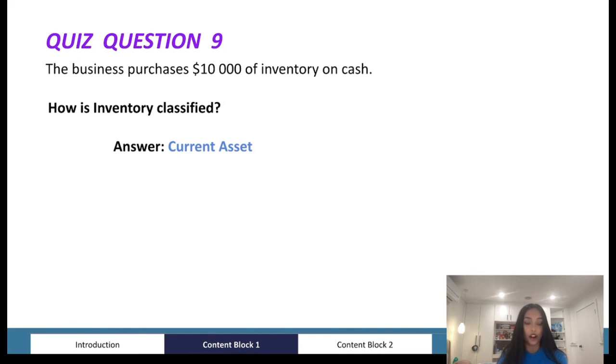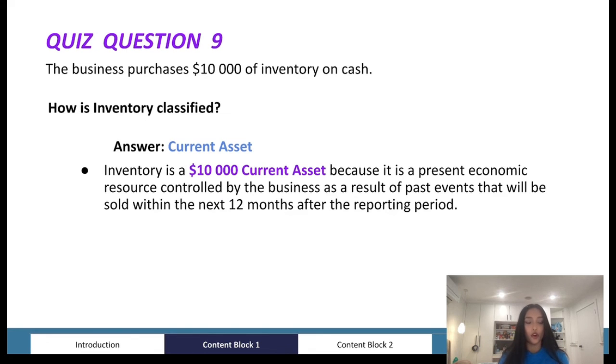So it would be a current asset because it's an economic resource that will be sold within the next 12 months.